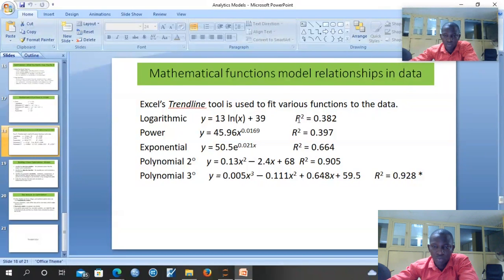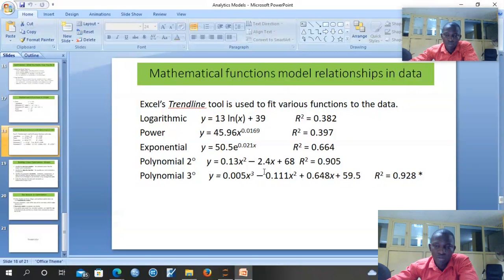These are the R squared, which are coefficients of determination. The higher the R squared, the better the fit of the model. So this one that has 0.93 R squared is the best.